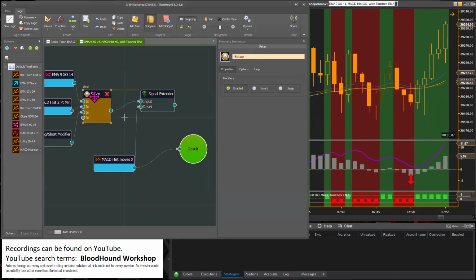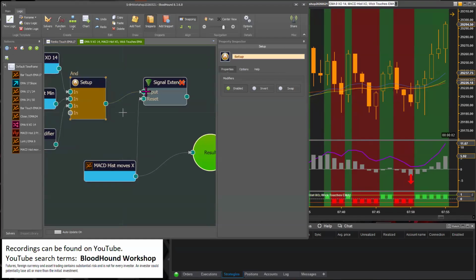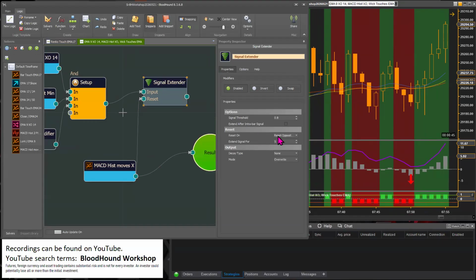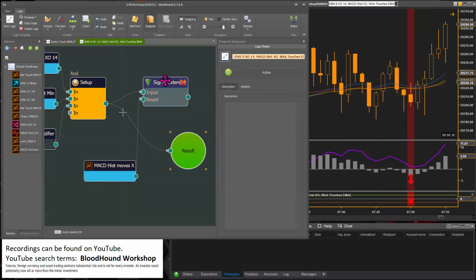So it's coming out of the AND node and going to the input as a short, but the signal at the reset is these longs. These long signals are what we want to reset the signal extender. So these longs are opposite of the actual input signal. The input signal is this short. Connect that up, so this is the input signal.